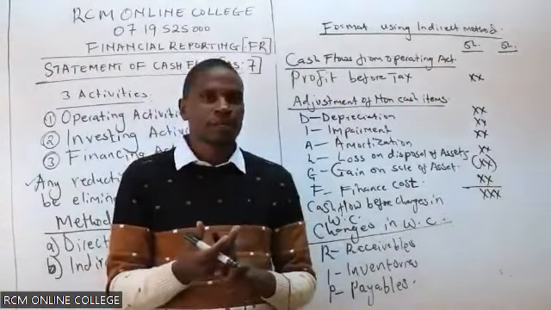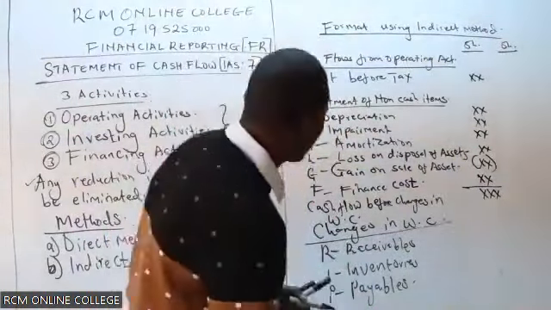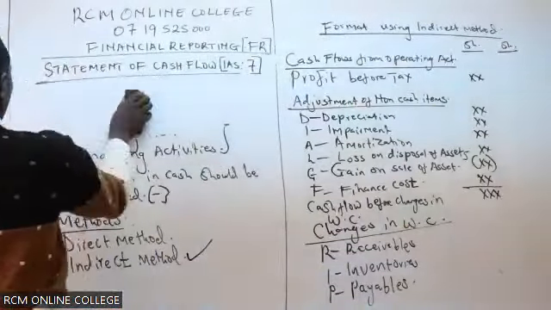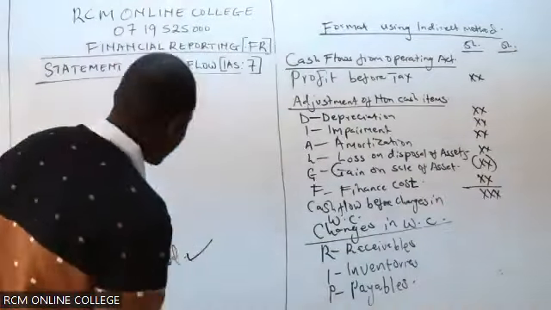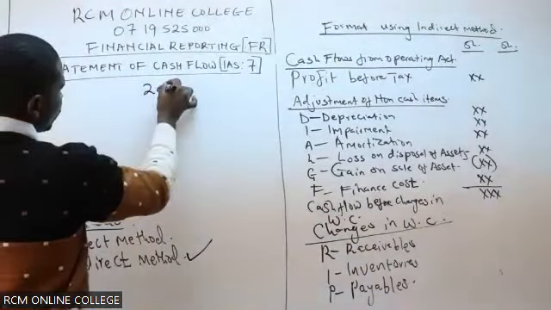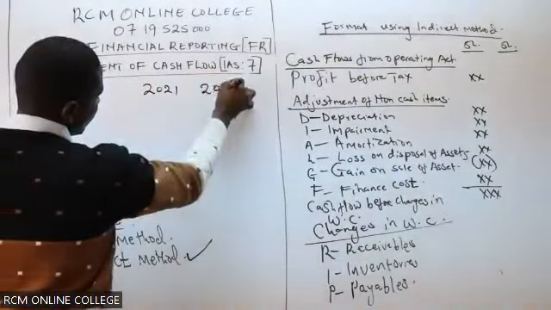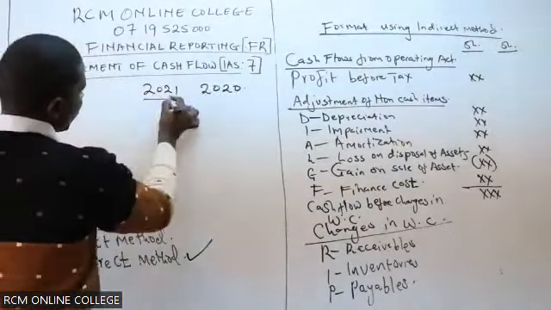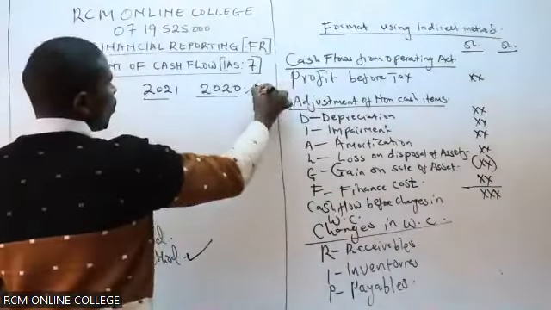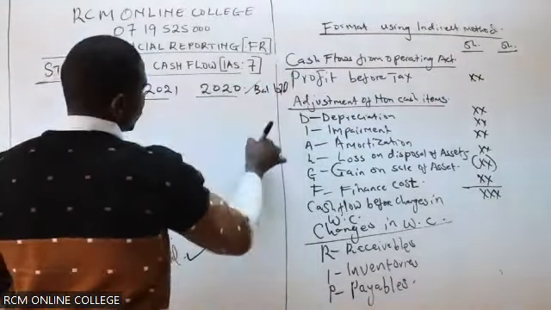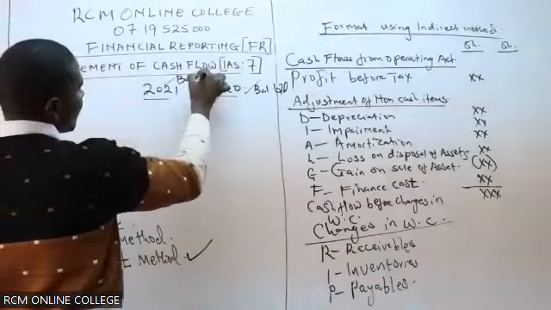So you check. For example, I have year 2021 here, and 2020. This is the current year, this is the previous year. This stands for the balances that were brought down, and this is for balances that are carried down.